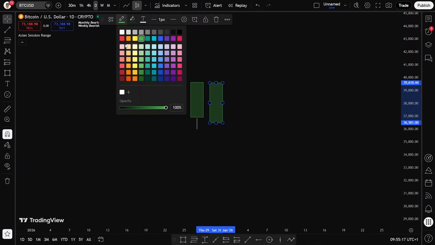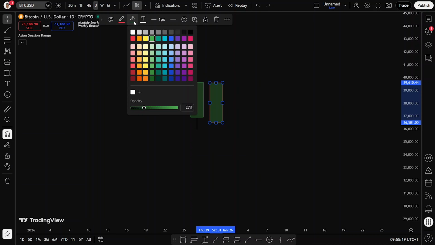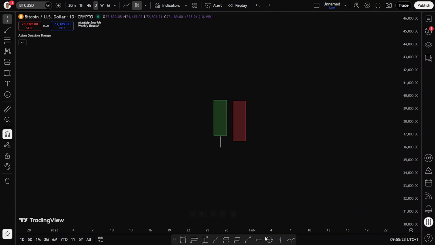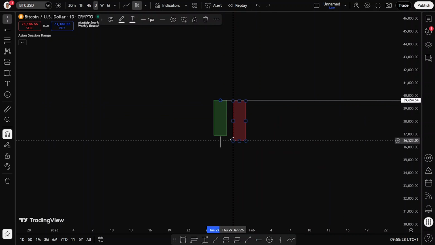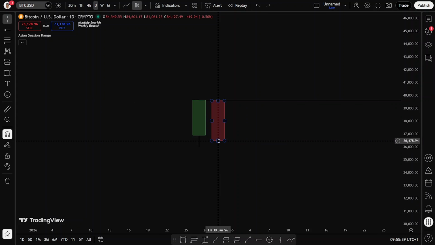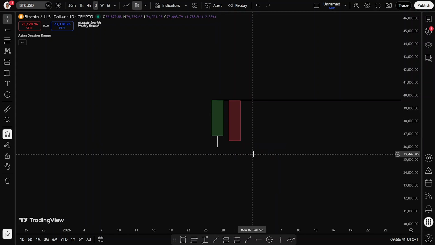Let's make this red for you. So this is a resistance, and we always mark out the closing price. And why is this the closing price? Because the bullish candle moves upwards, then closes here, then the bearish candle opens here, moves downwards, closing here, and we're marking out the closing price.